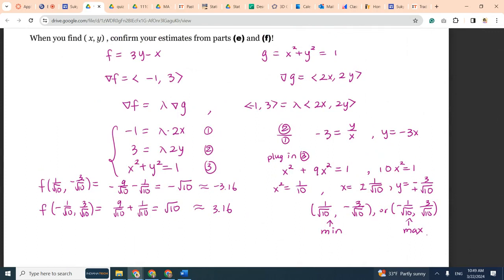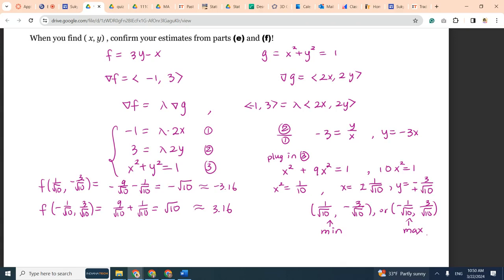So what we did, we expressed x and y in terms of lambda. The second way to do this is to eliminate the lambda. Do you see we use equation 2 over equation 1? We can get rid of the lambda and get a relation between x and y. You see, I can express y in terms of x, and then we can plug into the third equation.